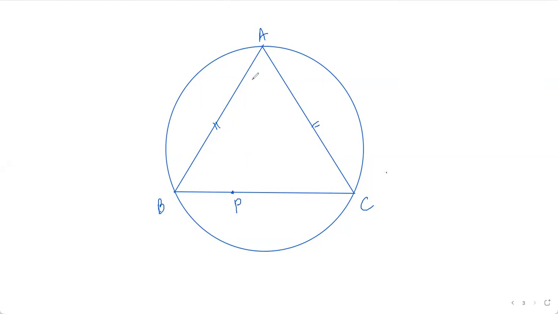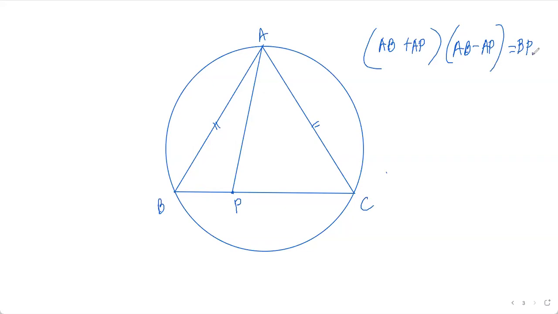Now all you have to show is that, let's join P, (AB plus AP) times (AB minus AP) is equal to BP times CP.